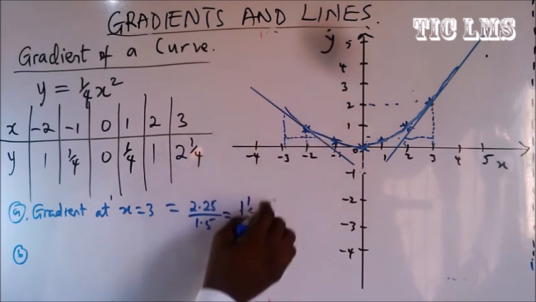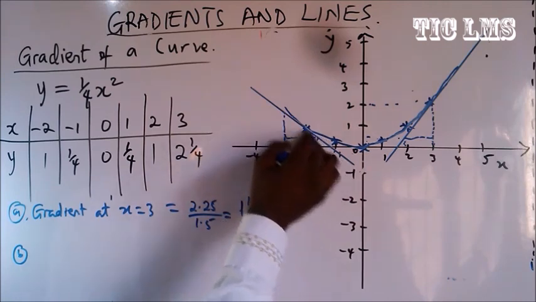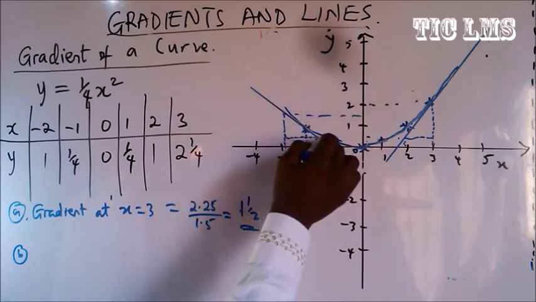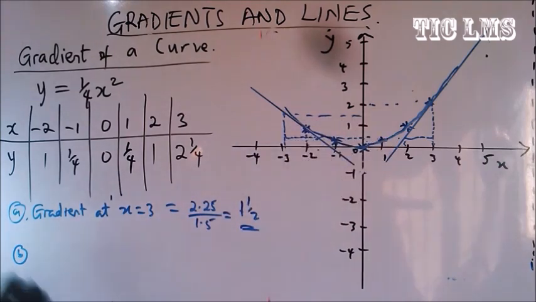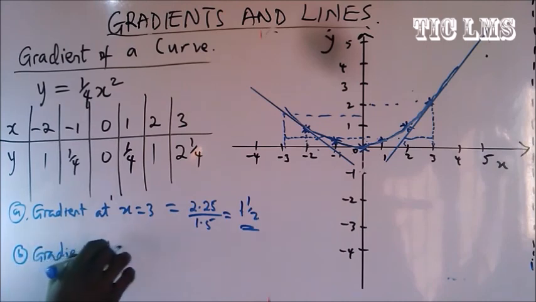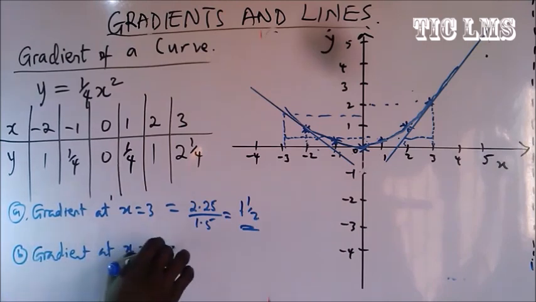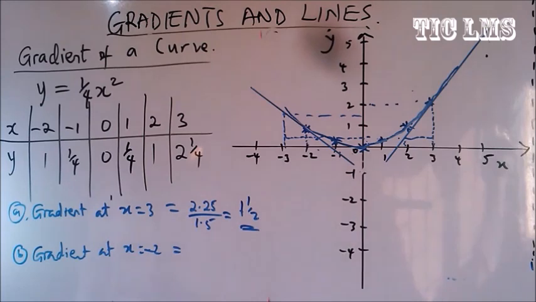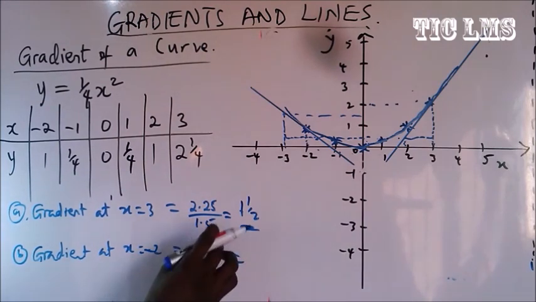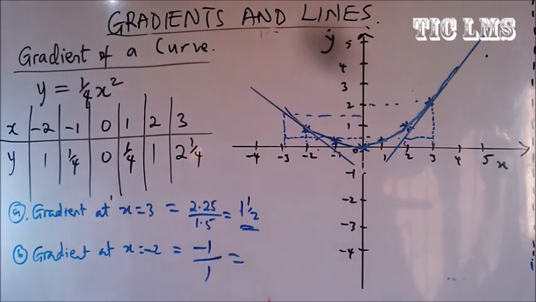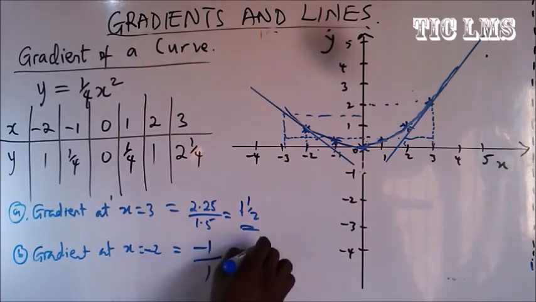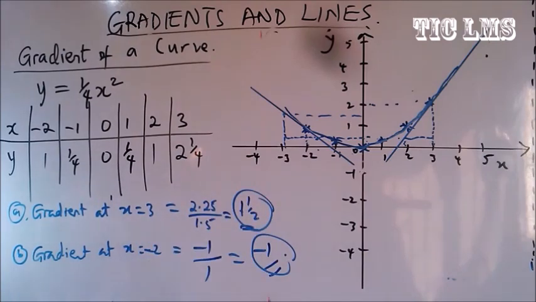So we'll trace it down to the x-axis, and also to the y-axis, and then we'll determine the gradient at x equal to minus 2. So it will give us something like minus 1 over 1. That's the change in the y-axis over the change in the x-axis. So we'll have it as minus 1. So here are the solutions to the question.